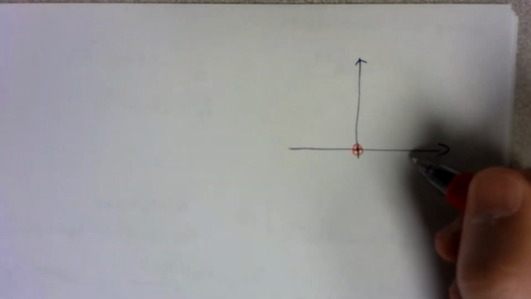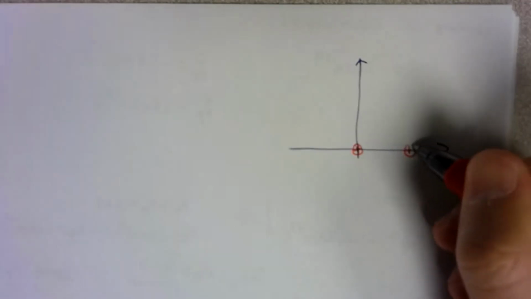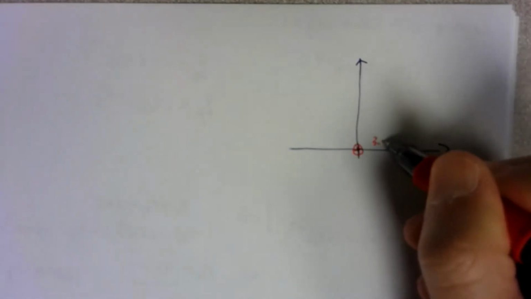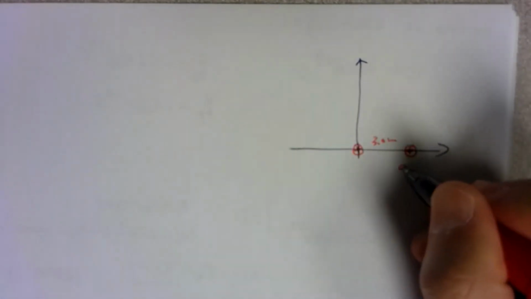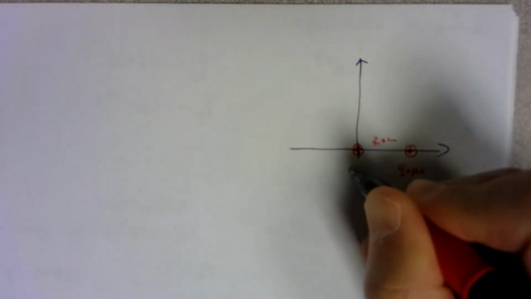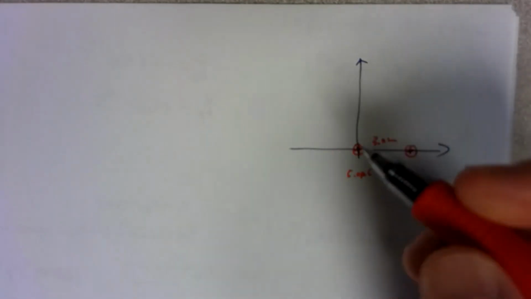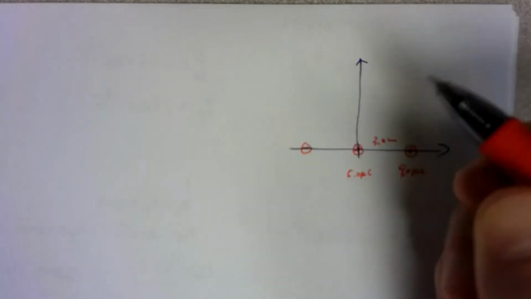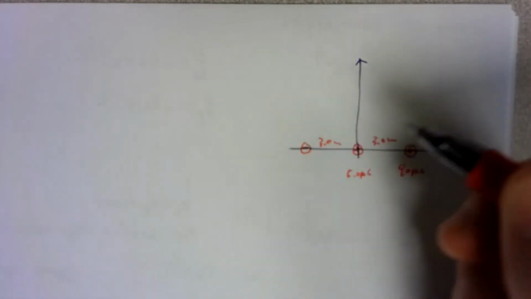And then there's another one here, positive here, which is 3 meters away. So 3 meters away. This is 9.0 microcoulomb. This is 5.0 microcoulomb. And there's a negative charge somewhere here, which is also 3.0 meters away.